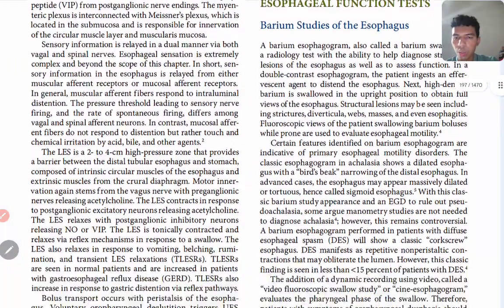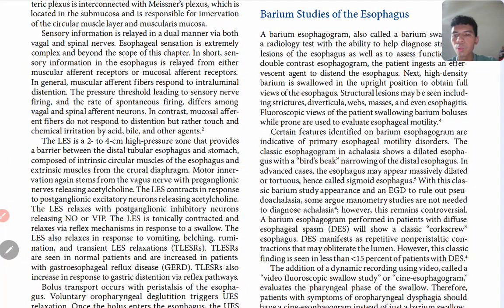The lower esophageal sphincter, or LES, is a 2 to 4 centimeter high-pressure zone that provides a barrier between the distal tubular esophagus and stomach, composed of intrinsic circular muscle of the esophagus and extrinsic muscle from the crural diaphragm. Motor innervation again stems from the vagus nerve with preganglionic nerves releasing acetylcholine.